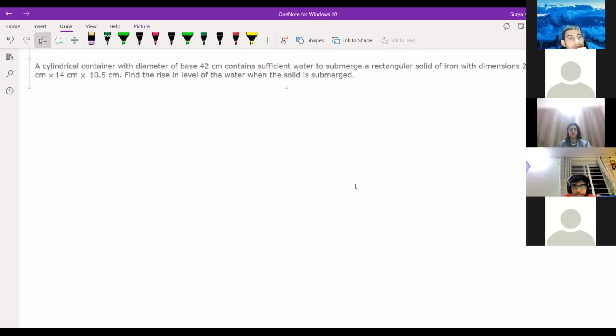Find the rise in level of water when the solid is submerged. So try to understand the question first. Who is not able to understand the question? Then you tell me.